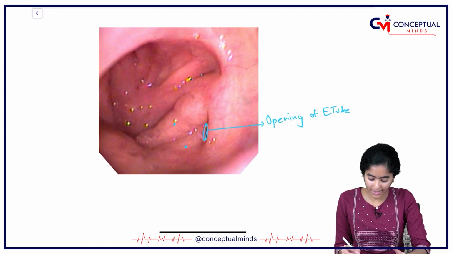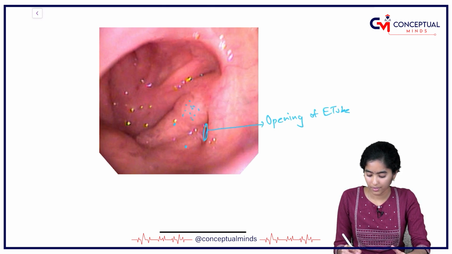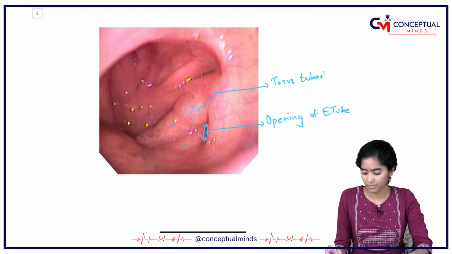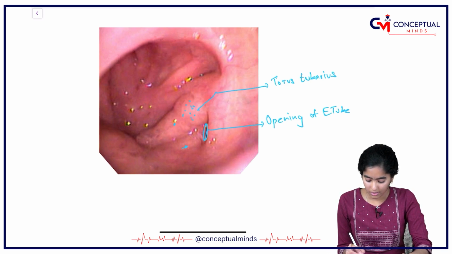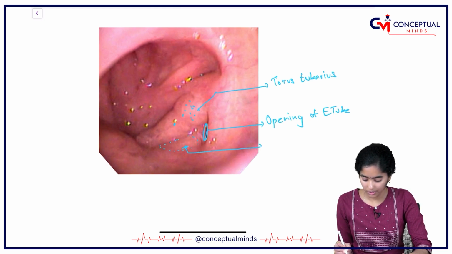The elevation that is seen here, this elevation is torus tubarius. This another fold you can observe here if you see carefully. This is actually fold of levator palati muscle.